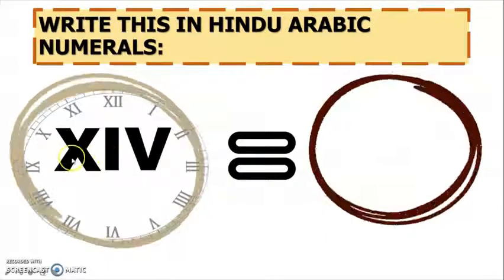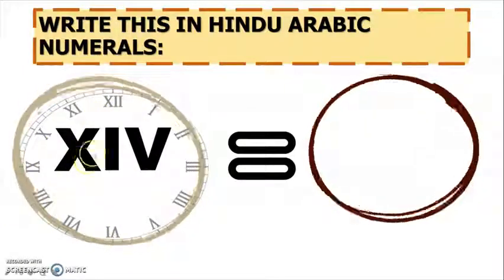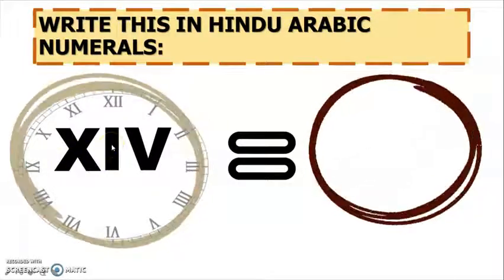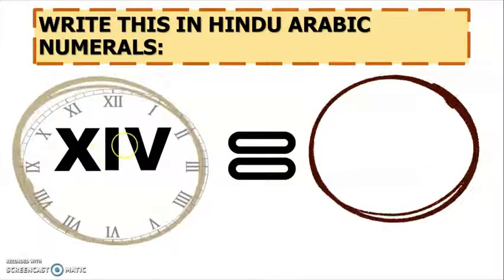Next is XIV. You have to try to look at it. X is larger than I, just simply add it, X plus I. But I is smaller than V. You just cannot add 1 plus V. So I is equal to 1, V is equal to 5.